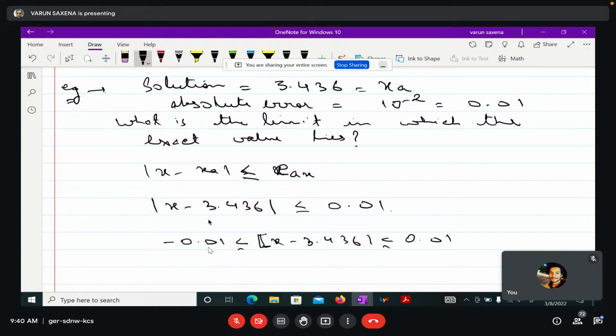Now this magnitude sign corresponds to a normal bracket. So that means now your x will lie between 3.436 minus 0.01 and 3.436 plus 0.01.